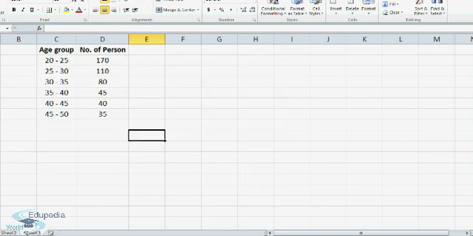Just to consolidate our understanding, let's take one more problem, and this time we have grouped frequency, a very simple problem, small number of data, and the working is the same when you have a grouped frequency or ungrouped frequency. The only difference is that in grouped frequency we need to find the values of x. So stop me for a while and try solving this. Find the standard deviation, the variance and the coefficient of variation using the step deviation method for this.